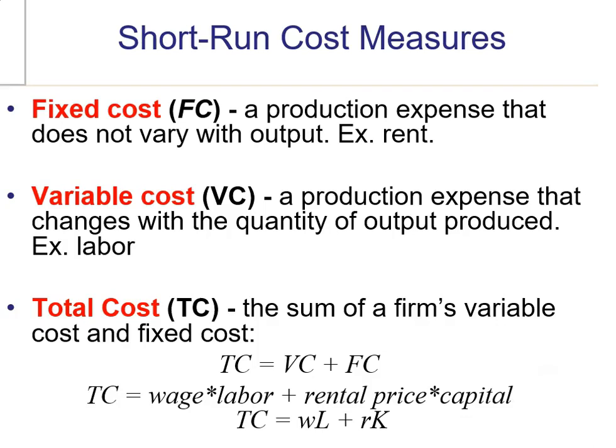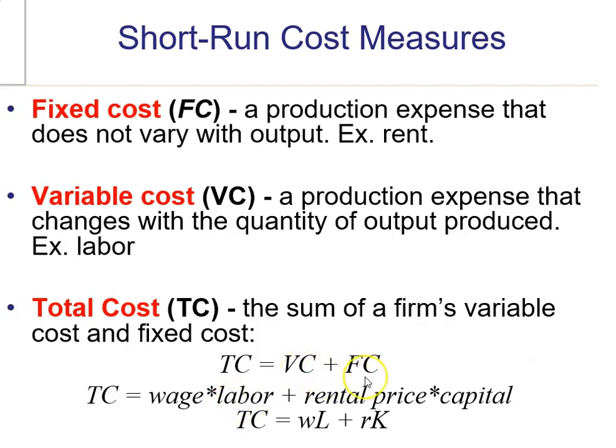More generally, total cost can be notated as follows. Total cost is your variable cost. Well, what's your variable input? That's your workers or your labor. How much do you pay your workers? You pay them a wage. So your wage times the number of workers you have, your labor, will tell you your variable cost.